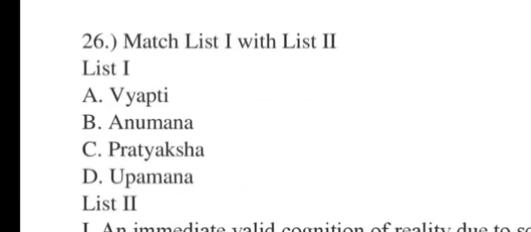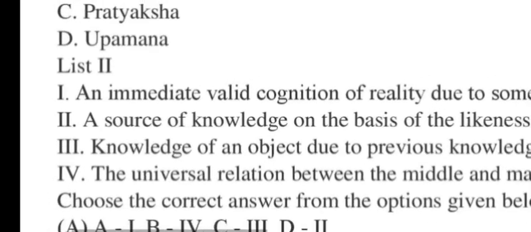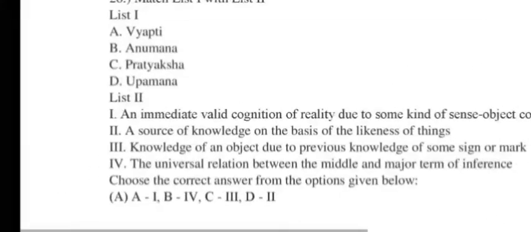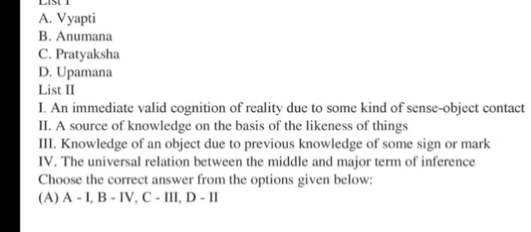26 says, match List 1 with List 2. In List 1 we have A Vyapti, B Anumana, C Pratyaksha, D Upamana. List 2 says: 1, an immediate valid cognition of reality due to some kind of sense object contact. 2, a source of knowledge on the basis of the likeness of things. 3, knowledge of an object due to previous knowledge of some sign or mark. 4, the universal relation between the middle and major term of inferences.